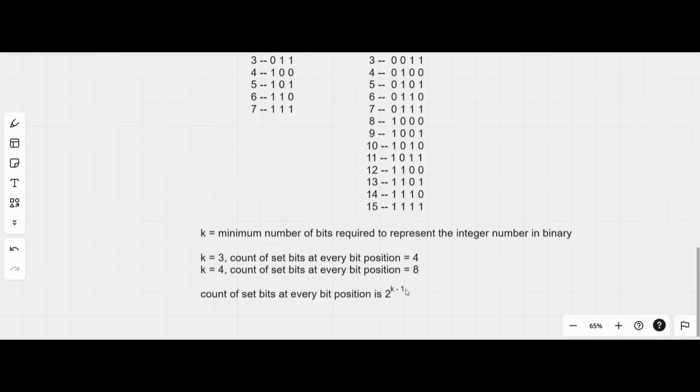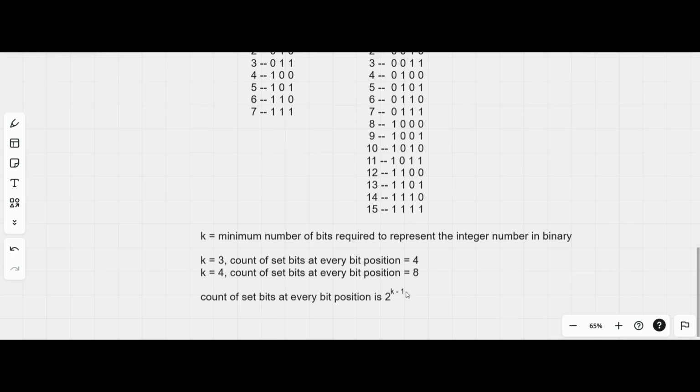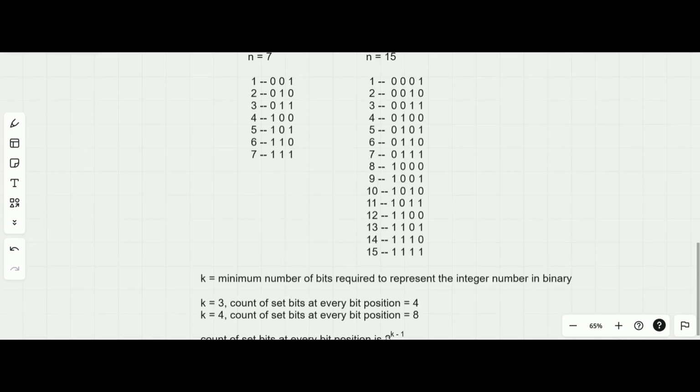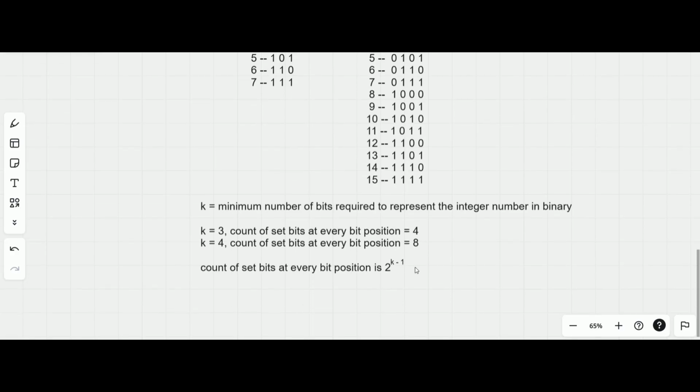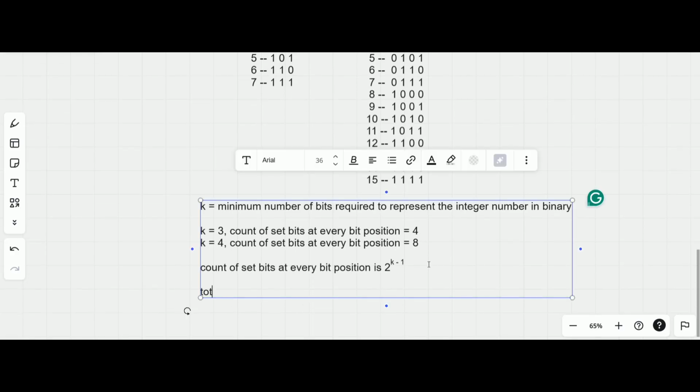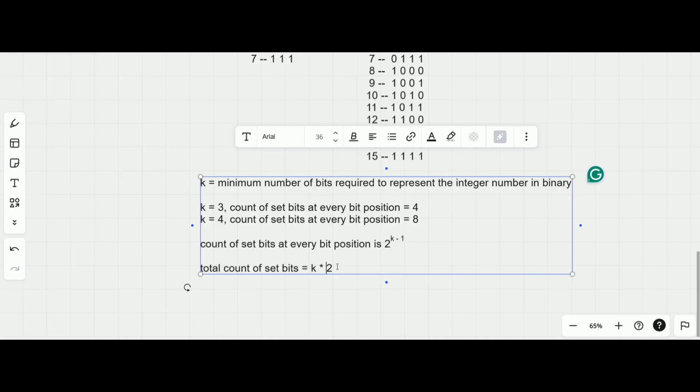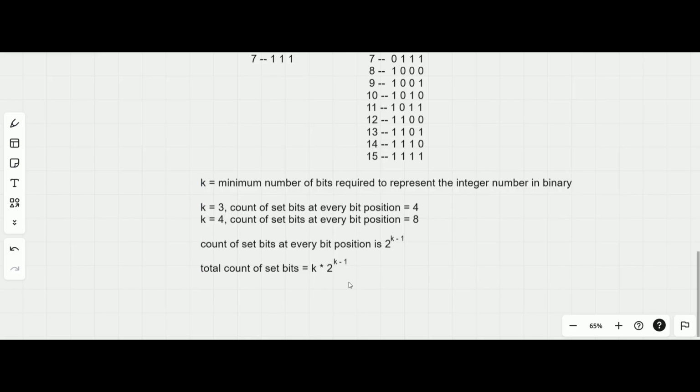This will give me the count of set bits at every bit position, right? Now we have to multiply it with k, I mean the number of bit positions, to get the total count of set bits. So the final formula will be: total count of set bits is equal to k multiplied by 2 to the power k minus 1, right?